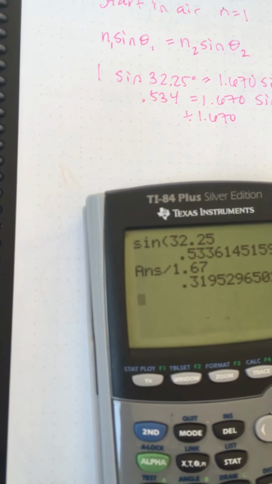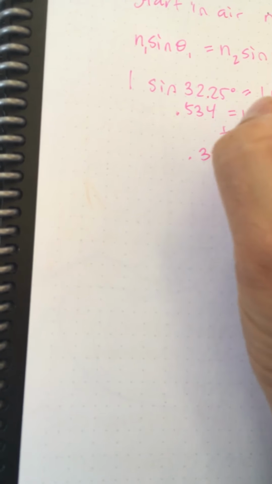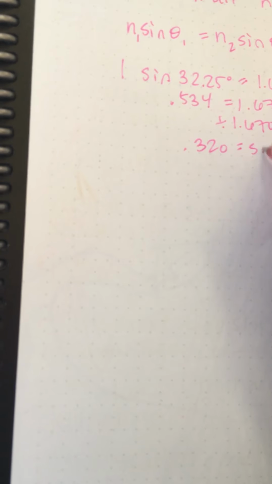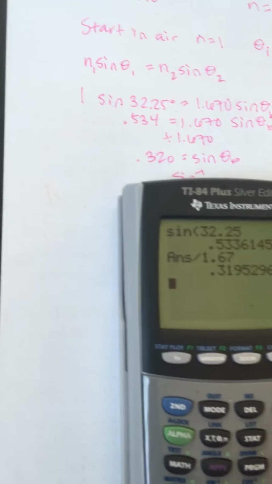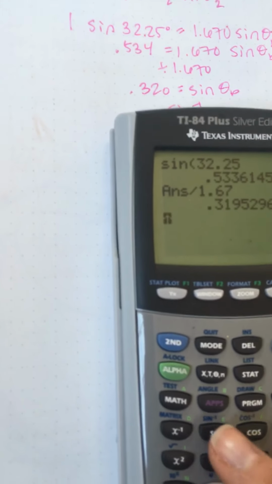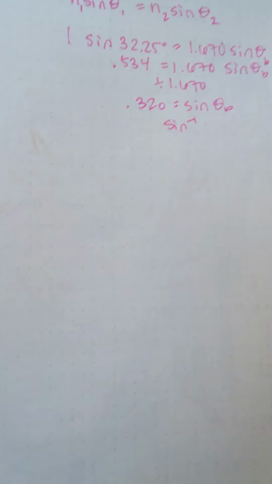And I got 0.320. To get rid of that sine value, I need to take the inverse of both sides. To do that in my calculator, I have to use the second button. And I got 18.6 degrees.